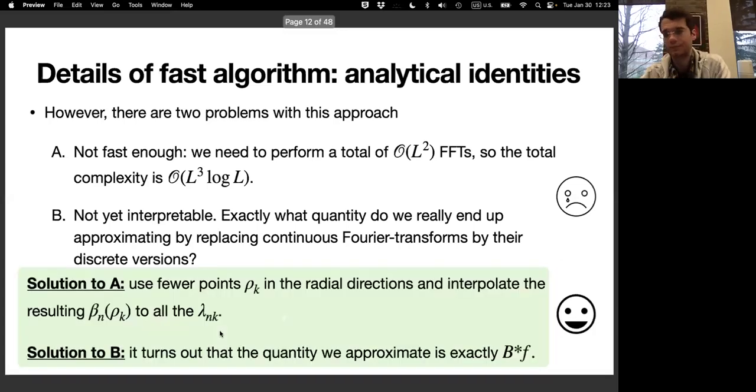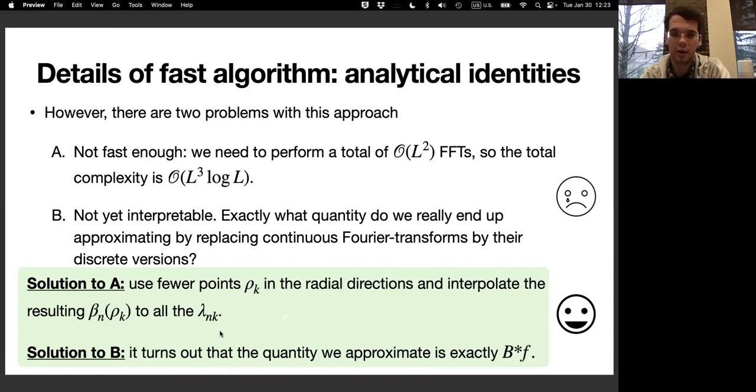But luckily, both of these questions can be answered. To the first part, it turns out we can use fewer points for our FFTs and do fewer FFTs, and instead do some kind of interpolation of this helper function. That's going to speed it up enough that it will be L squared log L. And for the second part, we're lucky.